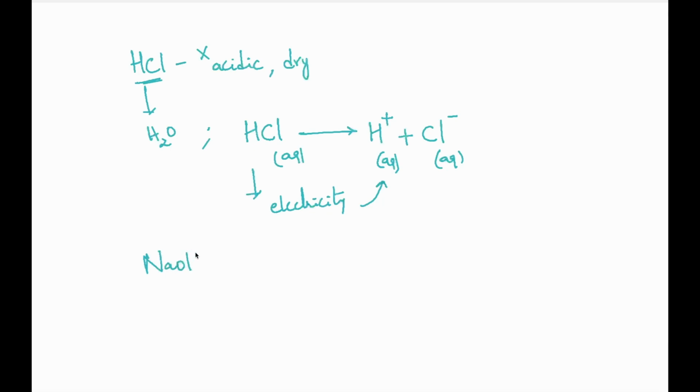Similarly, we take the case of sodium hydroxide. Sodium hydroxide can be considered an alkali because it is a base that is soluble in water. All the bases that are soluble in water are considered alkalis. So when we put sodium hydroxide in water, it's going to form Na+ plus OH- ions.